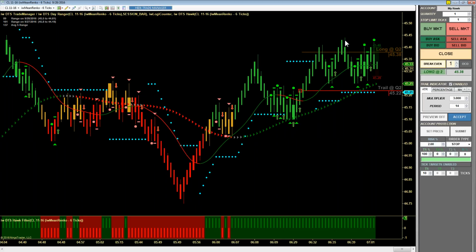Yeah, it's still fighting with this whole 45 area. Just another hit after hit after hit, and the market refusing to break through.